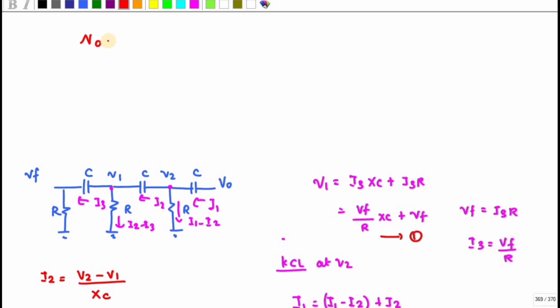V out minus V2 is equal to I1 into Xc. Okay. So what is my I1?